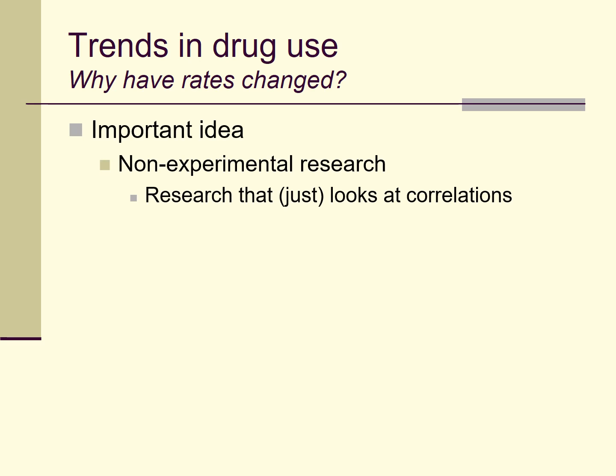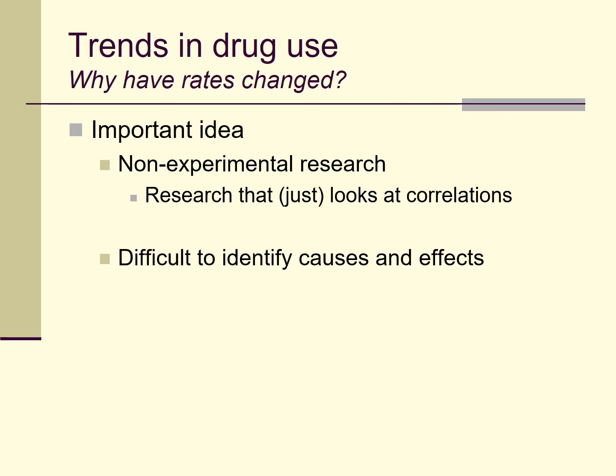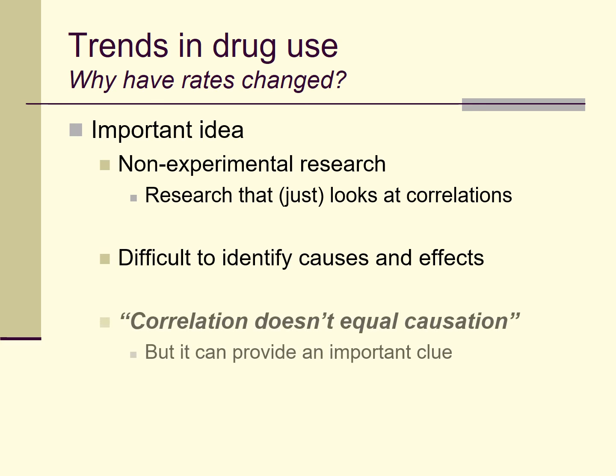Another important idea is that this is a non-experimental study, and to be clear, when I say non-experimental study, we mean research where we're just looking at correlations between variables. And when we do this type of research, it's often difficult to identify conclusively causes and effects. In fact, if you've taken a statistics class, or perhaps just another science class, you may have already encountered the phrase correlation does not equal causation.